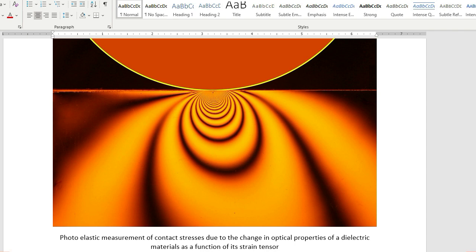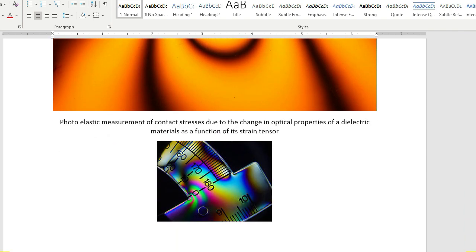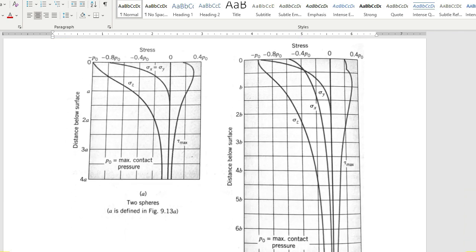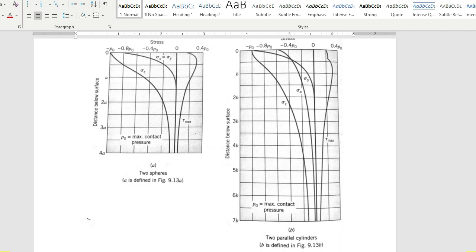And so this would be like a cam and follower or roller on surface, etc. There's another image here just showing the photoelastic stress from a dielectric, and a lot of plastics aren't just simple dielectrics.